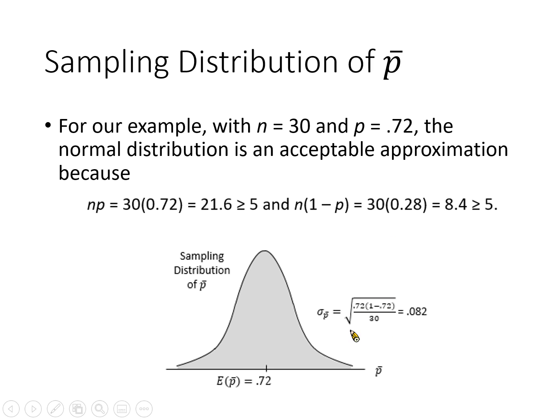Then you can use the formula to calculate its standard deviation: take p multiplied by 1 minus p divided by n, and get the square root. The result is 0.082.